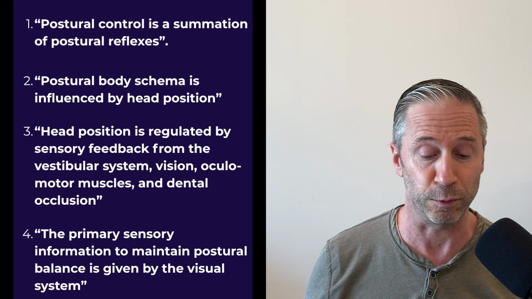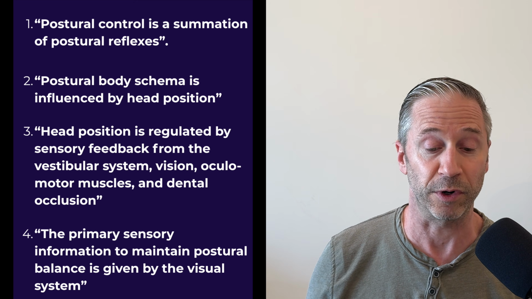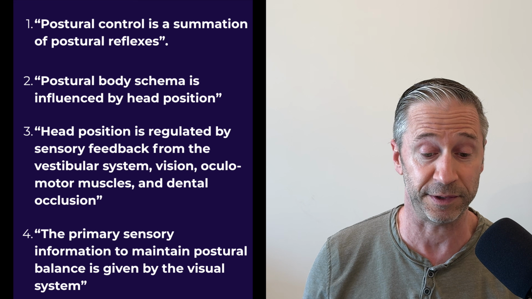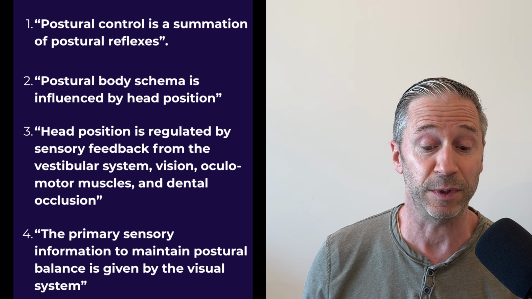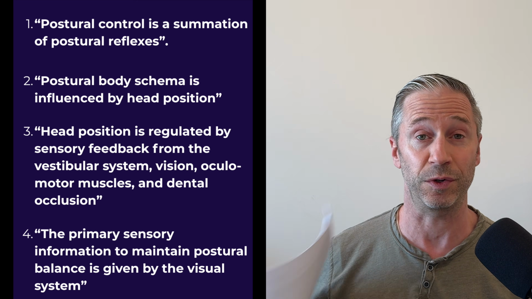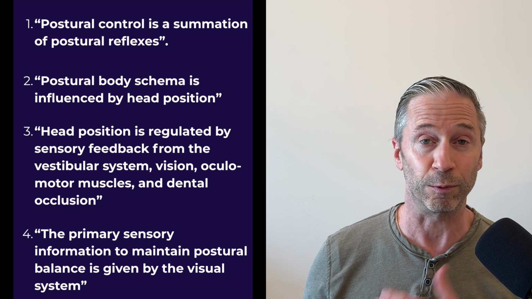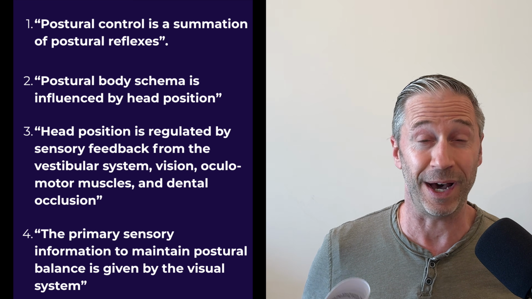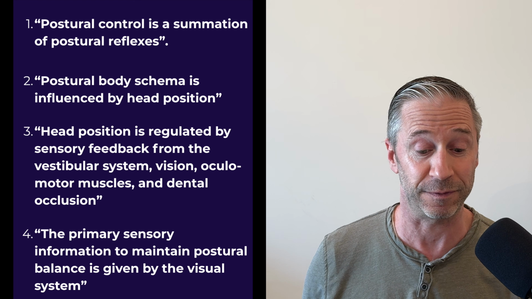Now the paper itself just has a great, very basic foundation of what's known about posture and movement. And it just summarizes that, number one, postural control is a summation of postural reflexes. Postural body schema is influenced by head position, where the head is located. So head position really dictates what goes on with the rest of the body, and that's really important for this video.